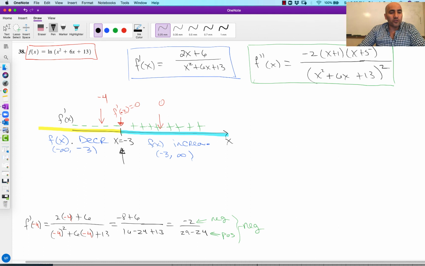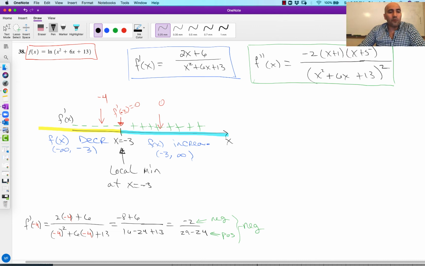The original function is decreasing, and then it changes to increasing, and we know we have a tangent line that's equal to 0 at that point. So all that combines to let me know that there is a local min at x equals -3.